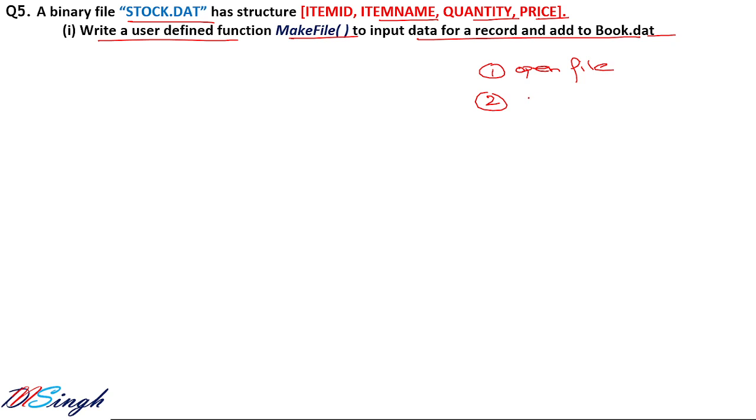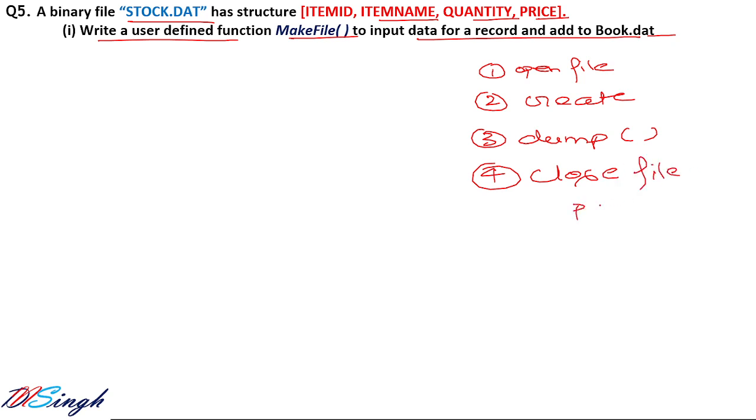Next, create record: read all the information from the user and put it inside a variable. Third, dump that record using the dump function. Fourth, close the file handle which you have opened.